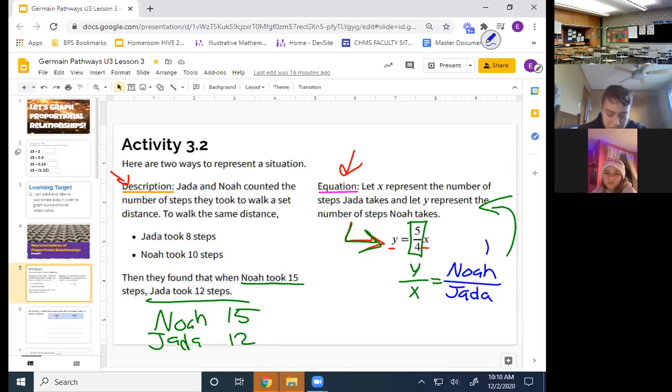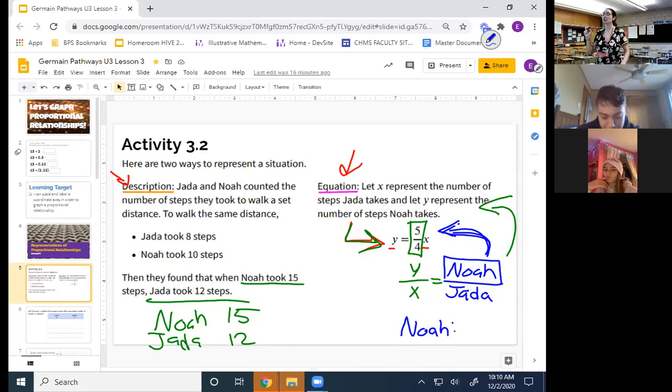So if you're looking at this constant of proportionality, what's another set of steps that they could have taken? How many steps did Noah take? Looking at that constant of proportionality, knowing that the numerator is Noah, how many? Noah took 5. It would be 5. Very good. Let's get ready to throw those in the chat though, okay? And then how many steps did Jada take?